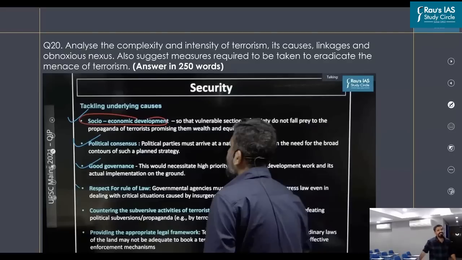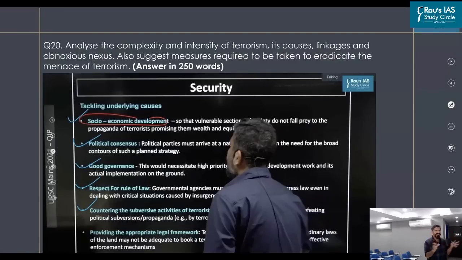Plus, sometimes the security agencies are not respecting the rule of law, as seen in the incident that happened in Nagaland, and that in turn breeds alienation of the population, pushing them into the hands of terrorist organizations. Then another tool used by terrorist organizations is propaganda. So if India is able to effectively counter this propaganda, we will be able to handle the issue of terrorism.